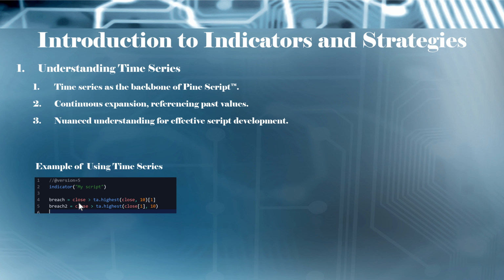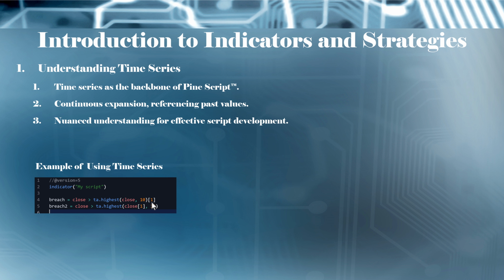So what we do here is we check if the current close price is bigger than the highest price of close for the last 10 bars, but we check not the current highest, we check the previous highest price. So it means that we applied the history reference to this time series of the highest, right?